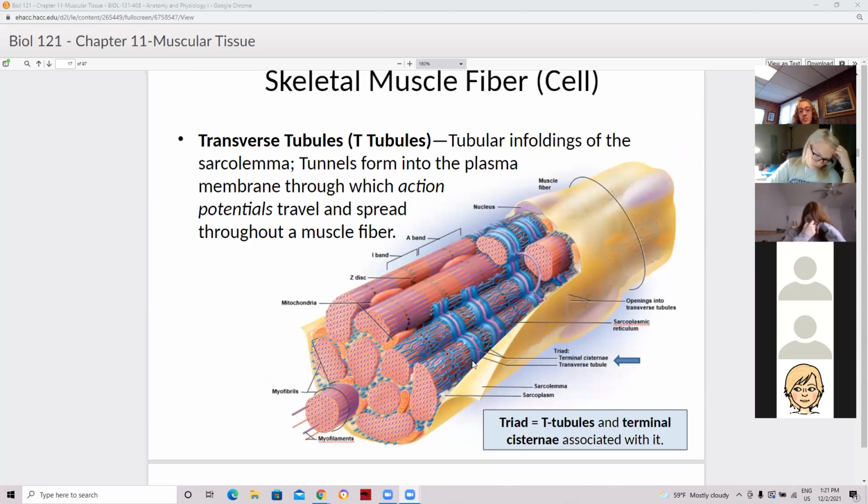There are transverse tubules, T-tubules, tubular foldings of the sarcolemma. These are indentations that move into the muscle fiber, which allow the action potential to travel and spread throughout the fiber.